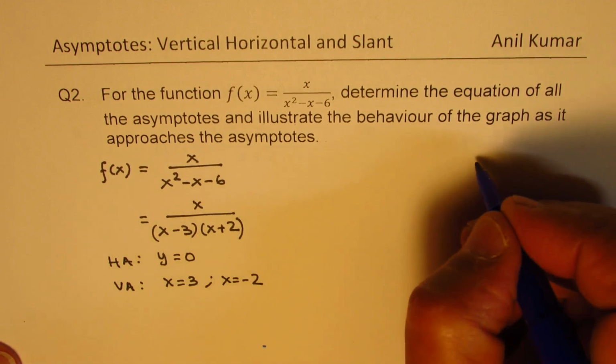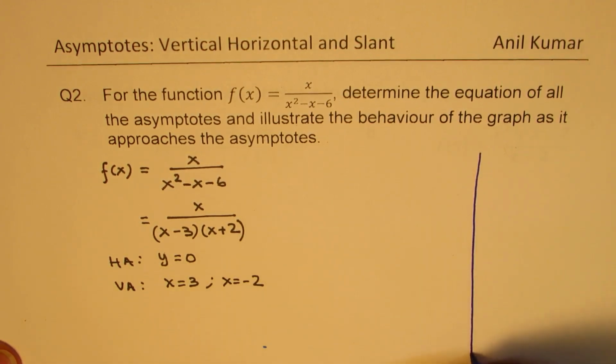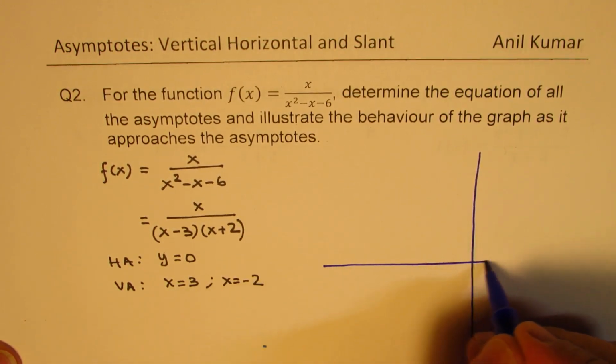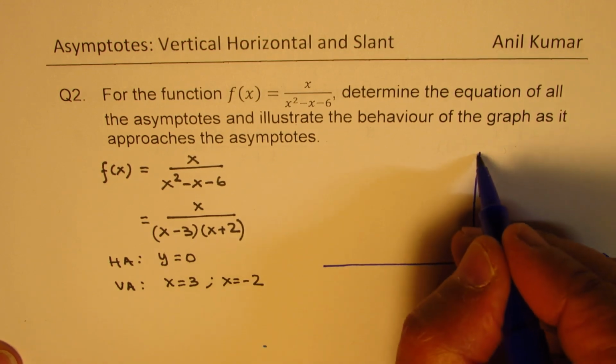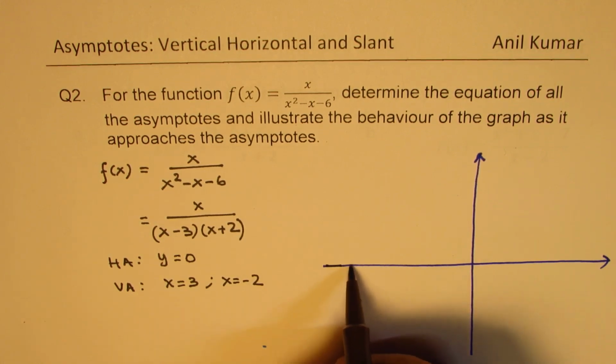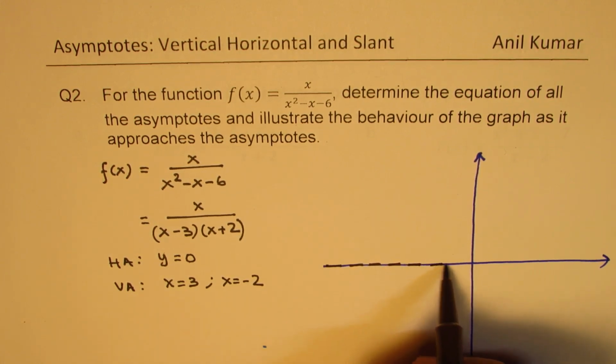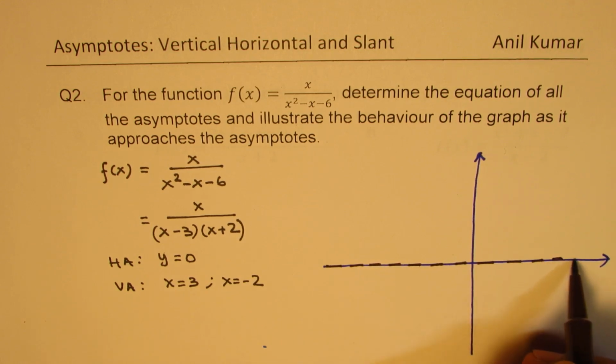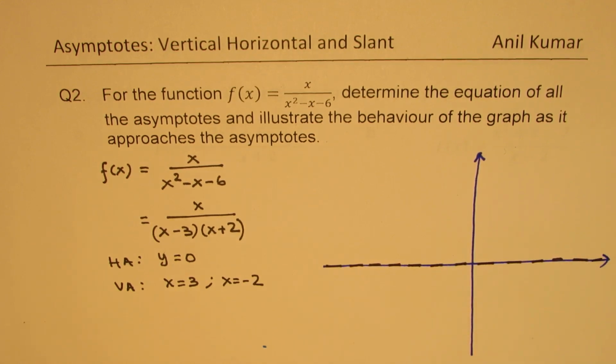So let us actually sketch these asymptotes first. Let us say this is our graph paper. On this graph, we have a horizontal asymptote, which is y equals 0, which is the x-axis, right? That is the horizontal asymptote. Now the vertical asymptotes are at 3 and minus 2.